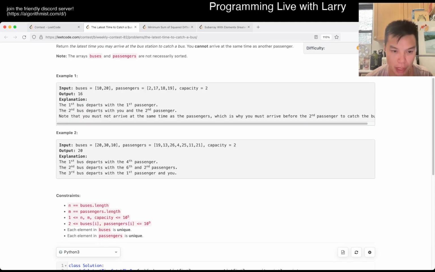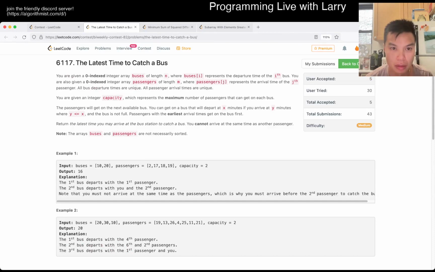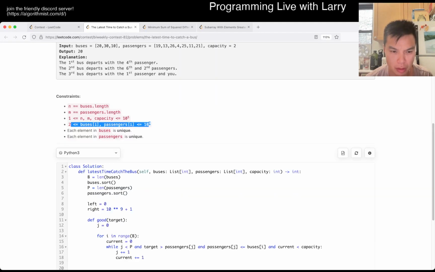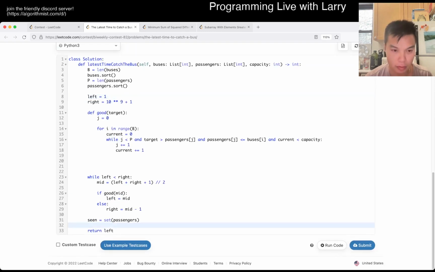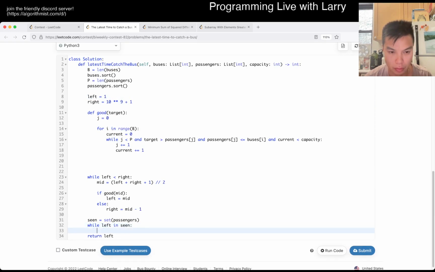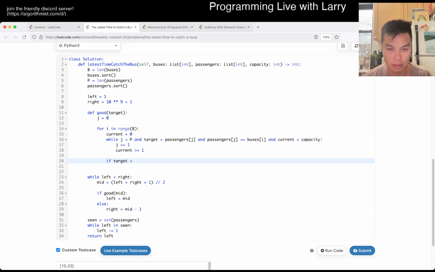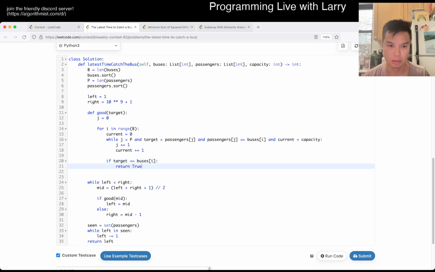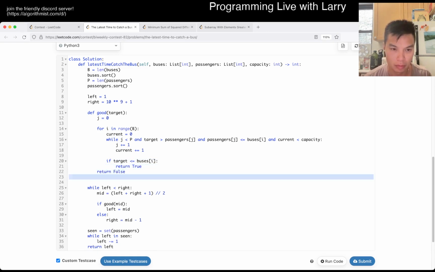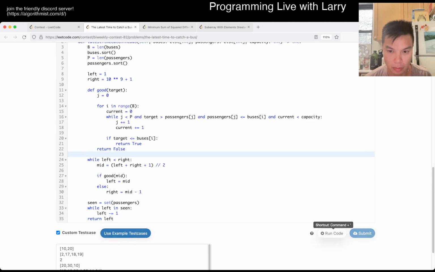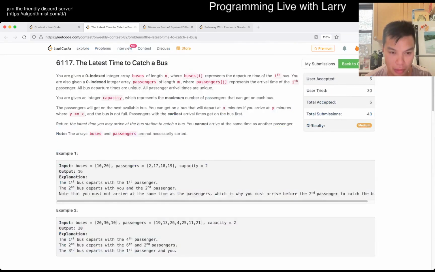Okay, so you can always stop at passenger 1 or time 1 rather. Okay. That's unfortunate.